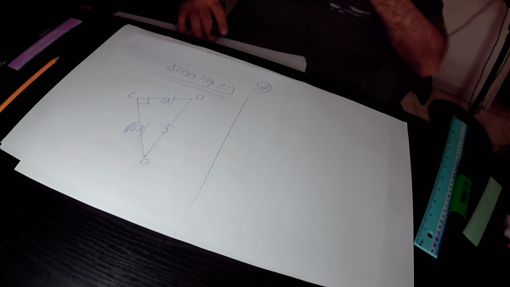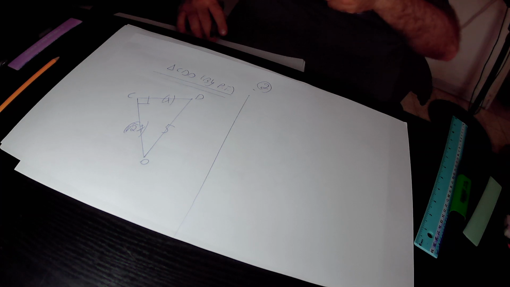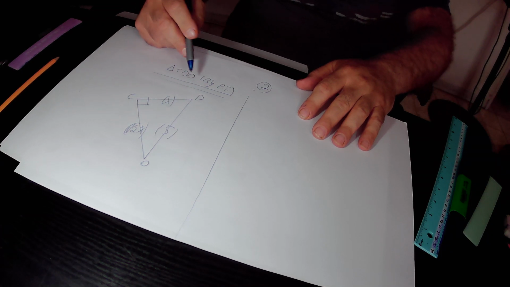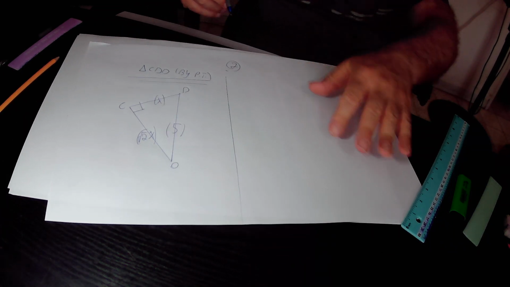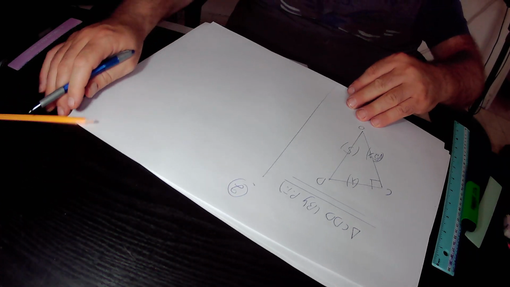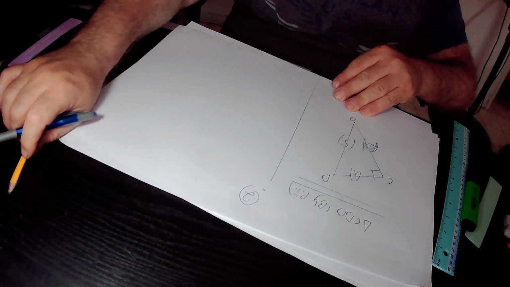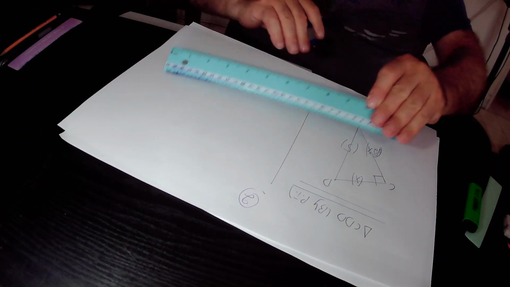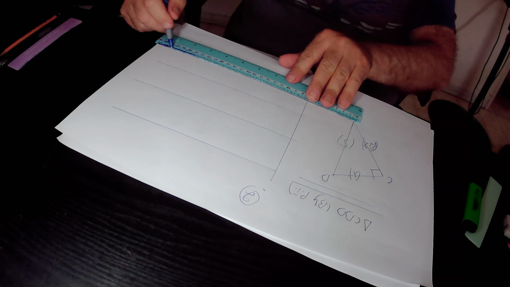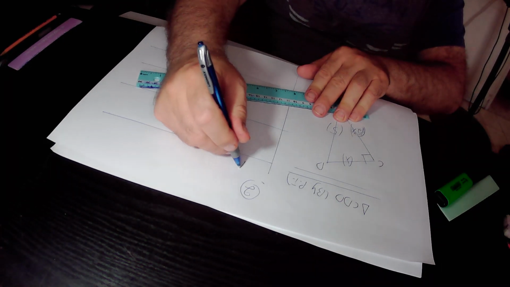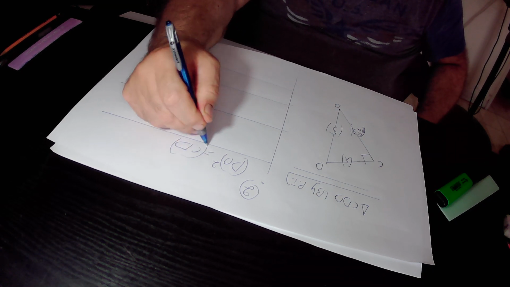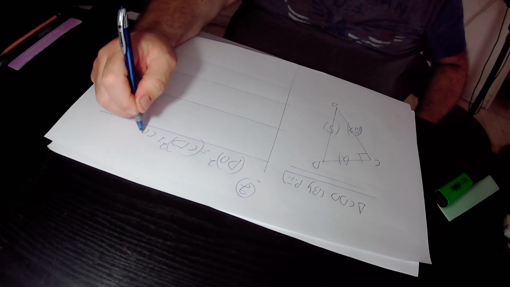According to the Pythagoras theorem, in this right triangle CDO, DO squared, that is the square of the hypotenuse, equals CD squared plus CO squared. So I'll write it down.